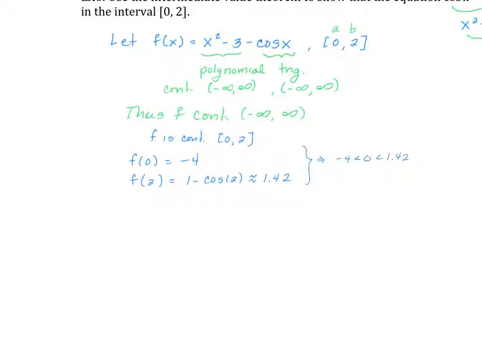We showed L is between f of A and f of B. So because of that, we can conclude that there exists some number C in the interval 0, 2 such that f of C is equal to L, and in our case our L value is 0.